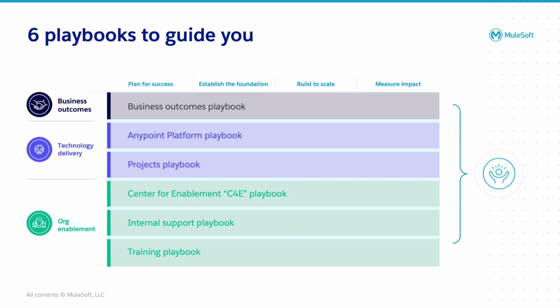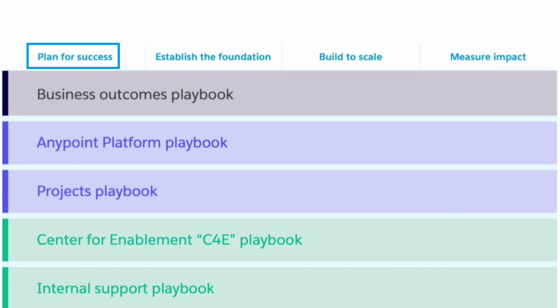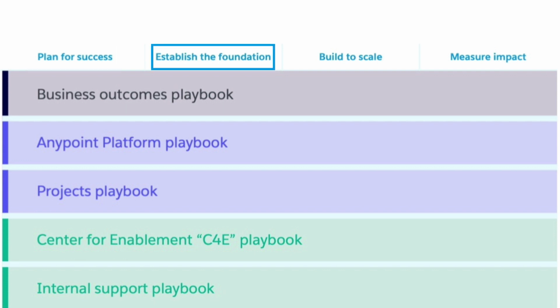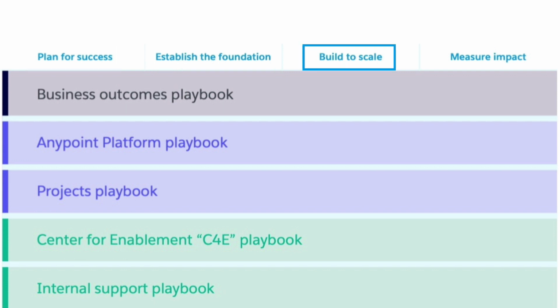Activation of these playbooks is similar to a life cycle, which helps clients move through planning, design, build, and evaluation phases, or in Catalyst terms, plan for success, establish the foundation, build to scale, and measure impact.